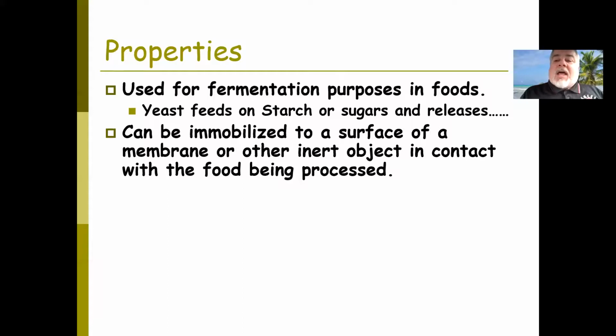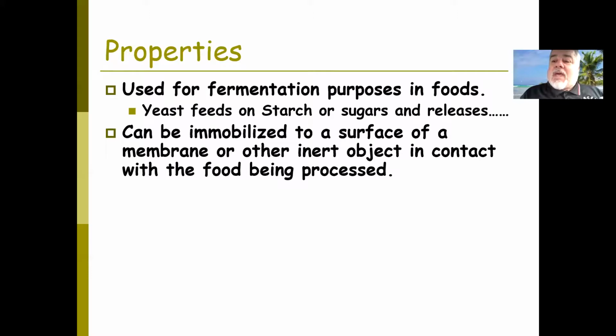Enzymes can be immobilized to a surface of a membrane or other inert object in contact with the food being processed. Just like I described earlier with the catalytic converter. You can put these catalysts on metal plates in your exhaust pipe to help chemical reactions occur so the unburned fuel that makes it through the engine into your tailpipe can burn on the catalytic converter before it actually goes out the end of your tailpipe, making it cleaner.